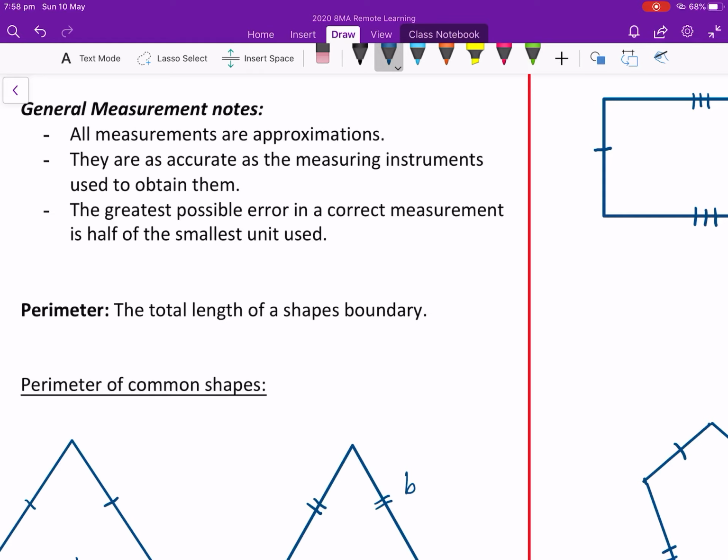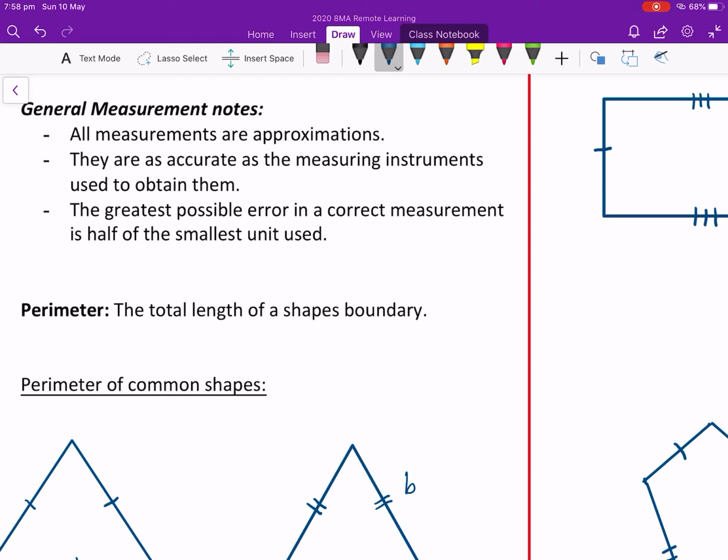Okay, so technically this measurement is only accurate to the nearest millimeter. So it could be a tiny bit more and it could be a tiny bit less. It could actually be half of that smallest unit. The smallest unit here is a millimeter. So the greatest possible error is half a millimeter in this measurement.